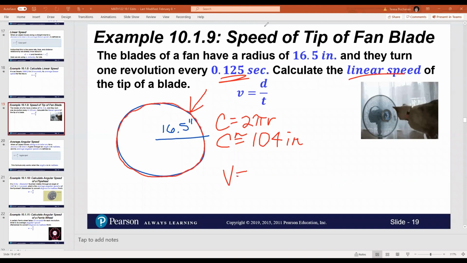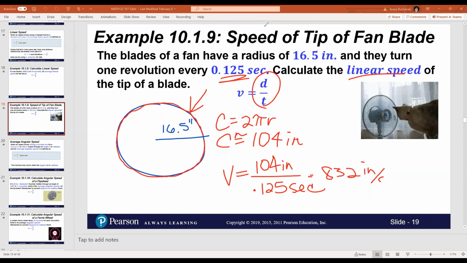The velocity would have to be the distance, the 104 inches, divided by the time, 0.125 seconds, which as a calculation amounts to 832 inches per second. Pretty fast.